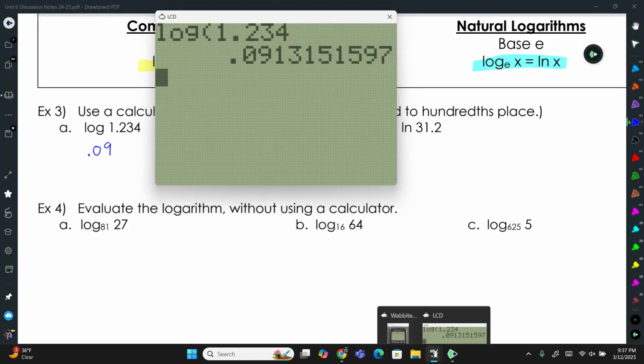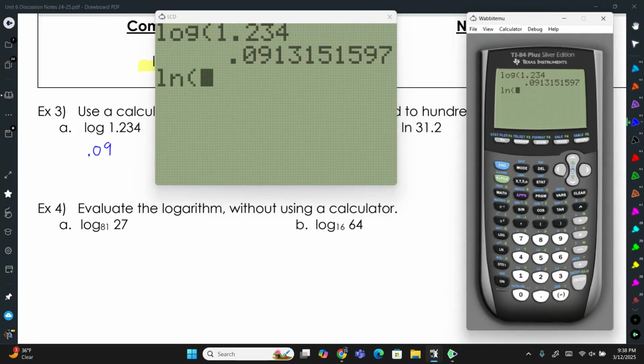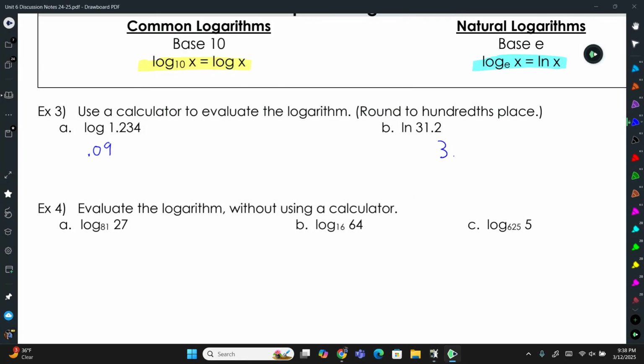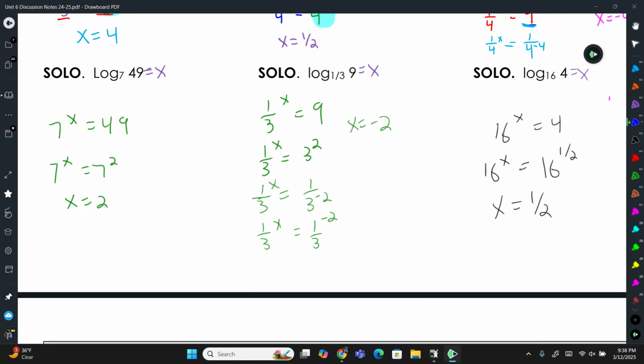Then the natural log, or ln, of 31.2. And that gives us 3.44. So we will learn how to use the calculators later to evaluate different logs, but I just want you to be aware that you can't just press log and type in these problems.